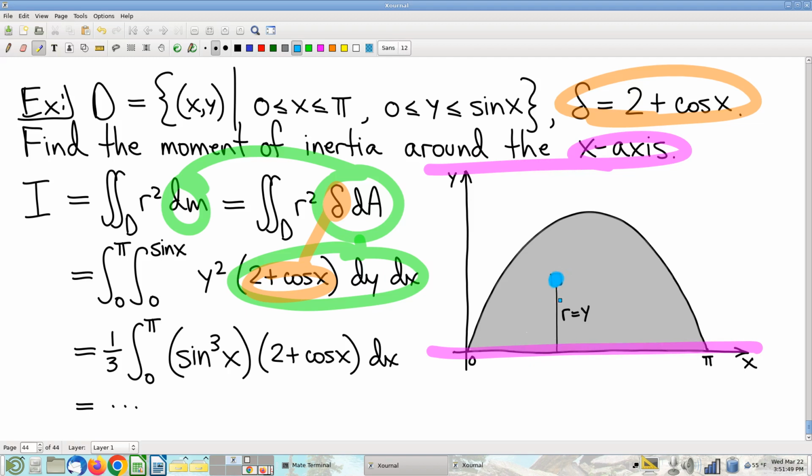So my generic formula for distance, let's see here, I'll use dark blue. Generic formula for distance there, you can see in the geometry of this picture, it's just y, right? Height above the x-axis is y. And so this r here is just y. Everybody okay?